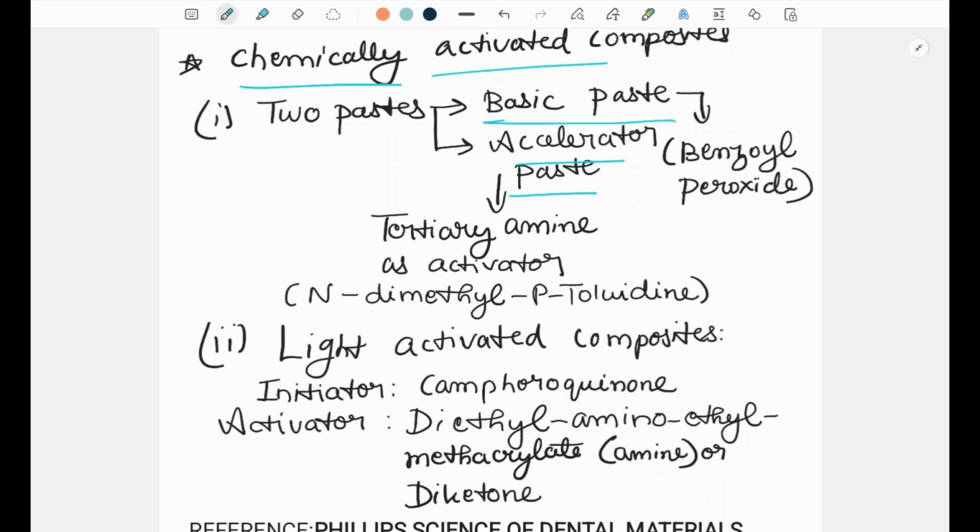By the reaction of the chemical, the composites get activated and then they get cured and harden. Then we can finish and polish the restoration. To briefly tell about the chemically activated composites, it is just like that. The basic paste has benzoyl peroxide and tertiary amine as activator, N-dimethyl paratoluene.